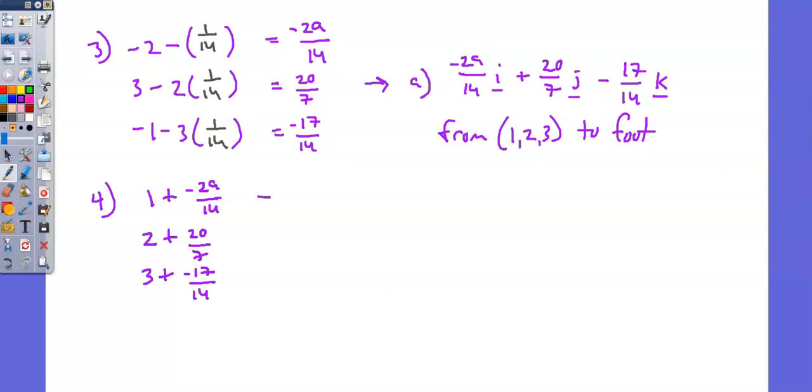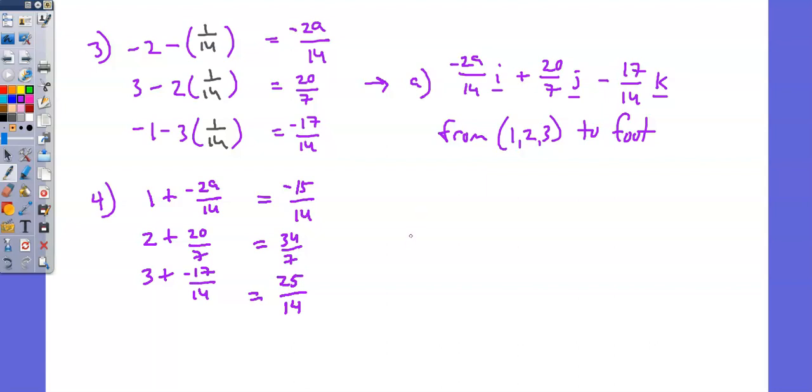The results are -15/14, 34/7, and then 42 over 14 minus 17 over 14. It's going to be something positive over 14. 42 minus 17, 25.